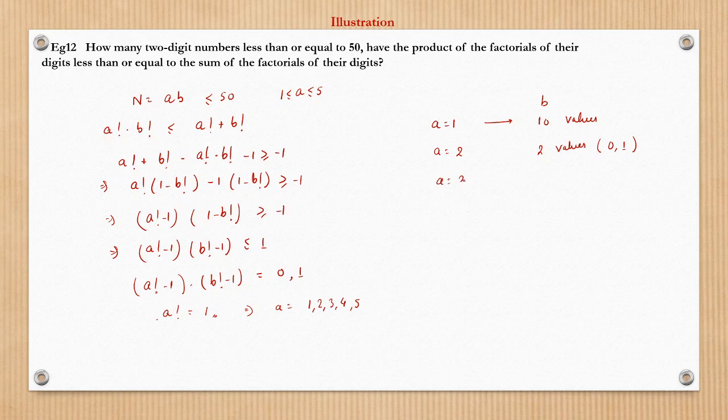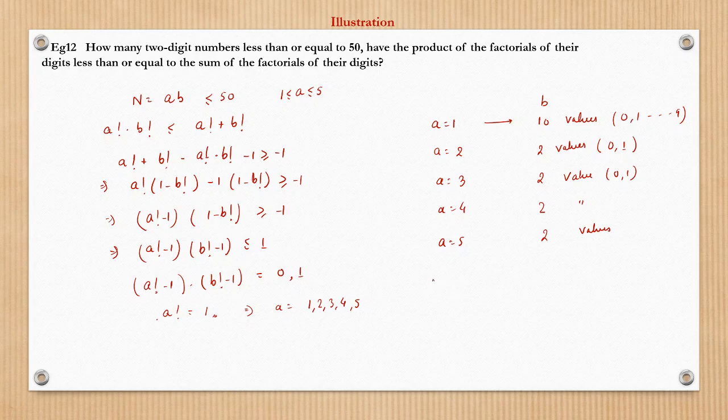Similarly, if a is equal to 3, b can have two values again. If a is 3, 3 factorial is 6, minus 1 is 5, so this has to be 0 now. So b will have either 0 or 1, two values. Here, for a equal to 1, b can have all the values from 0 to 9. Similarly, if a is equal to 4, it is two values, and a is equal to 5, also it has two values.